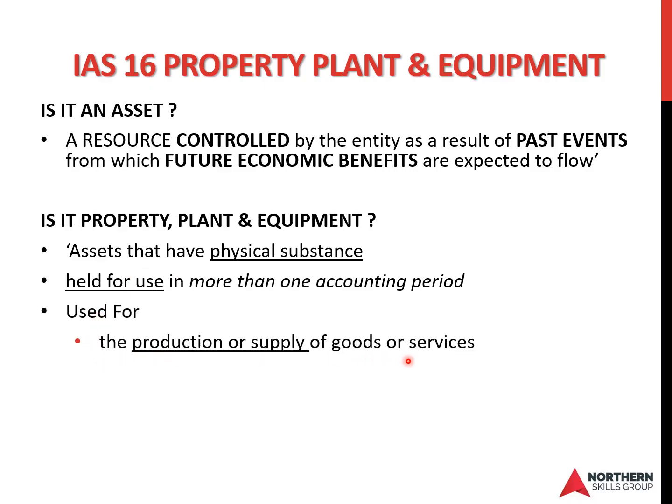Firstly, the production or supply of goods or services, so machinery in the factory and so on. Or it's an asset used for the business of renting it out to other people, so companies that contract hire vehicles out, those vehicles in their books will be treated as property, plant and equipment.